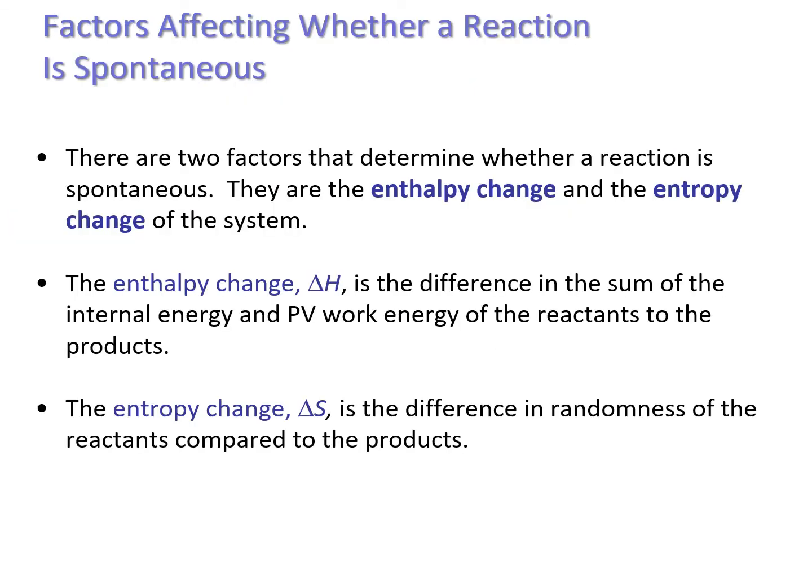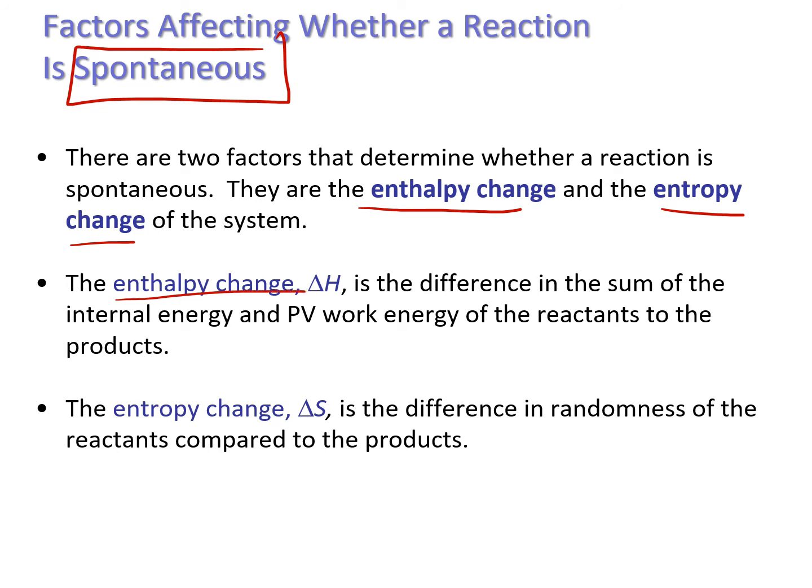So the factors that affect whether a reaction is spontaneous are two things, and we actually already discussed them. I briefly touched on the enthalpy, but I did go in depth about entropy. So the two factors are enthalpy change and entropy change. Those are the two things that determine whether a reaction is spontaneous.